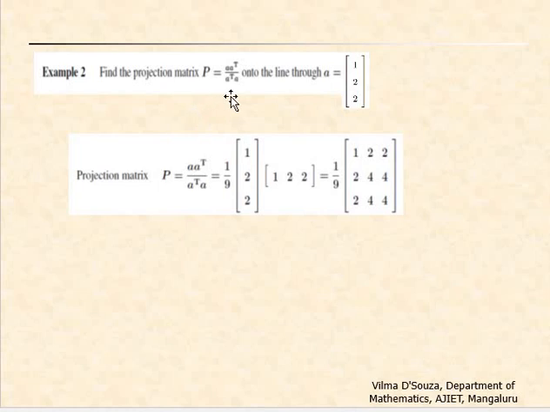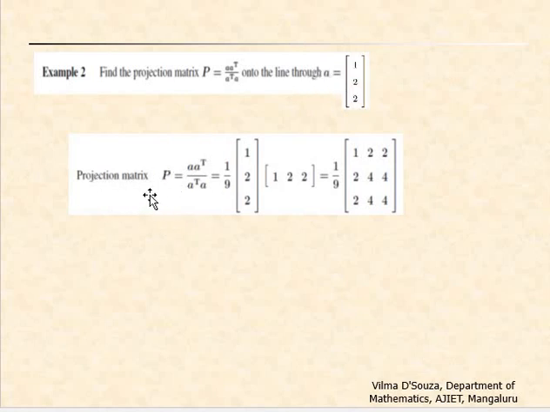Now, here is a problem to find the projection matrix. Find the projection matrix P is equal to A A transpose divided by A transpose A onto the line through A is equal to 1, 2, 2.